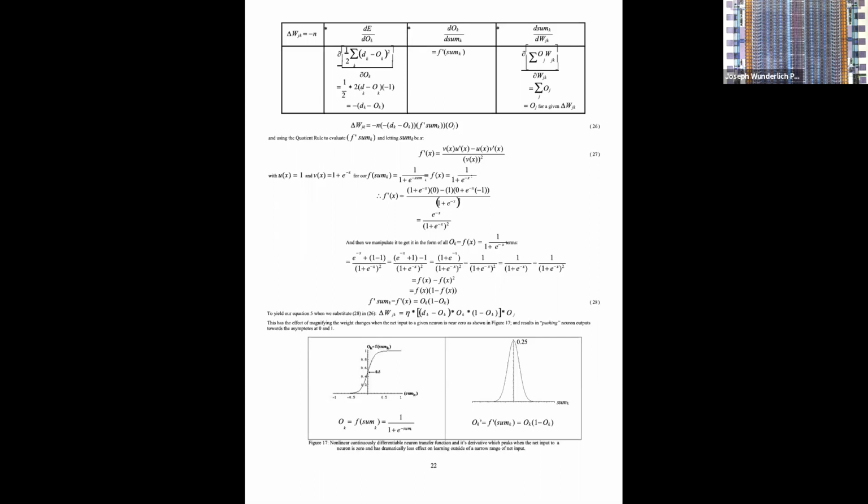And then the graphs below show that you're using the derivative, changing weights based on the derivative, the slope of the curve of the transfer function, which is maximum right at x equals 0. On the right-hand graph, the rate of change is maximum right at the middle.